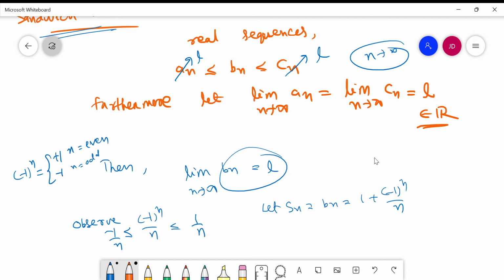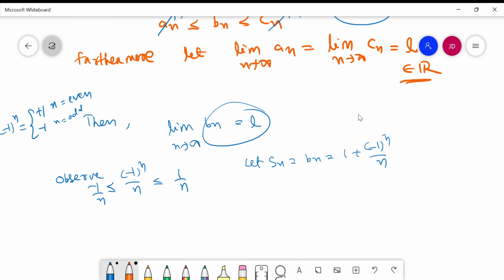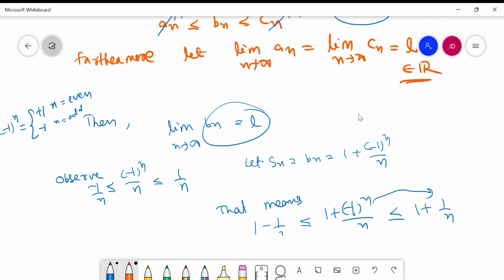So that means our sequence is bounded above by 1 plus 1 by n, and it is bounded below by 1 minus 1 by n.